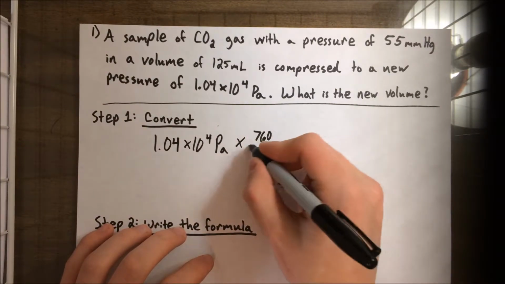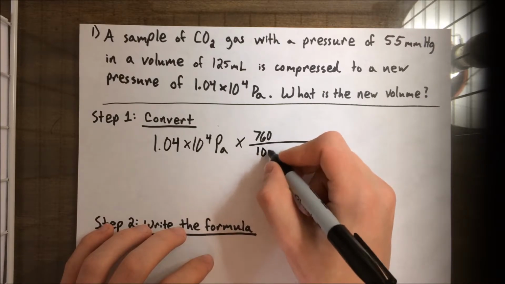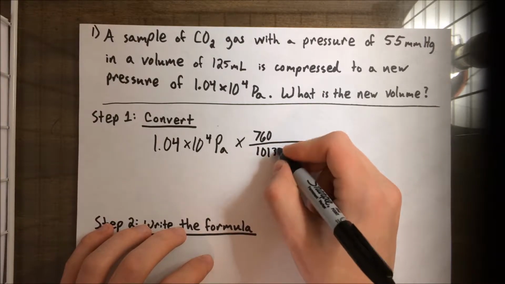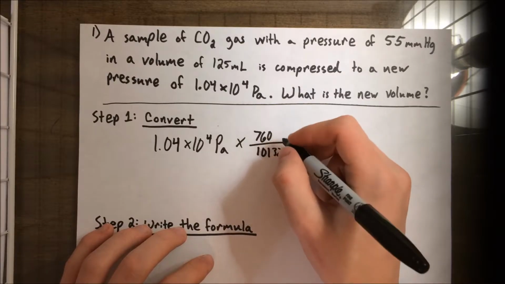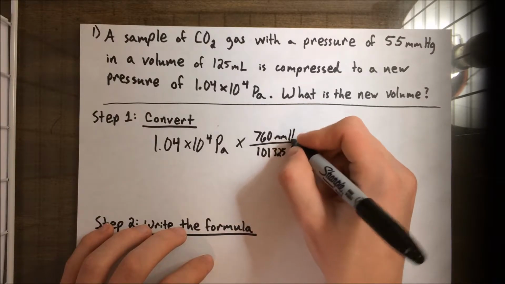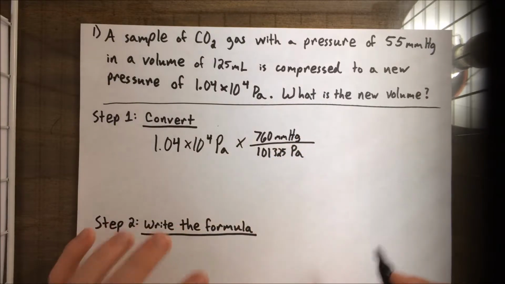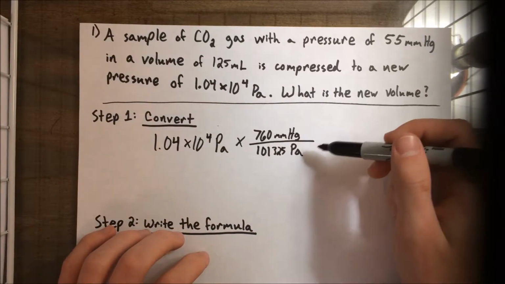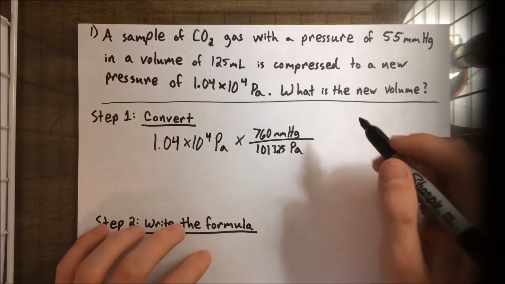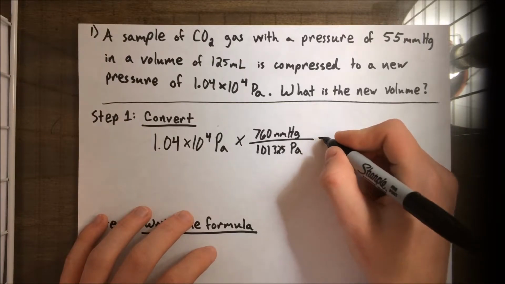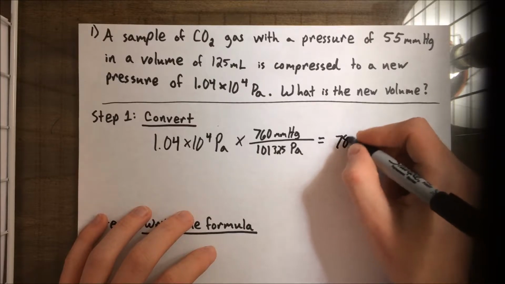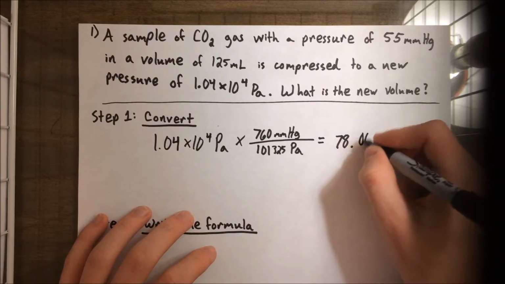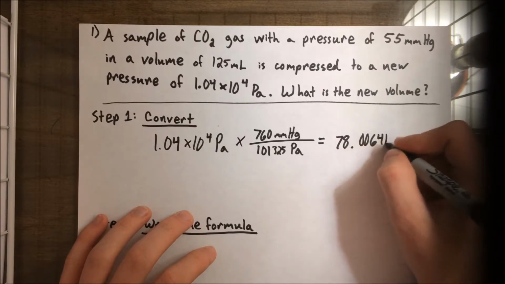So the conversion factor is 101,325 pascals is equal to 760 millimeters of mercury. And by the way, this is also equal to 1 atm or 1 atmosphere, which you will also use commonly. So the conversion, you will get 78.006415.